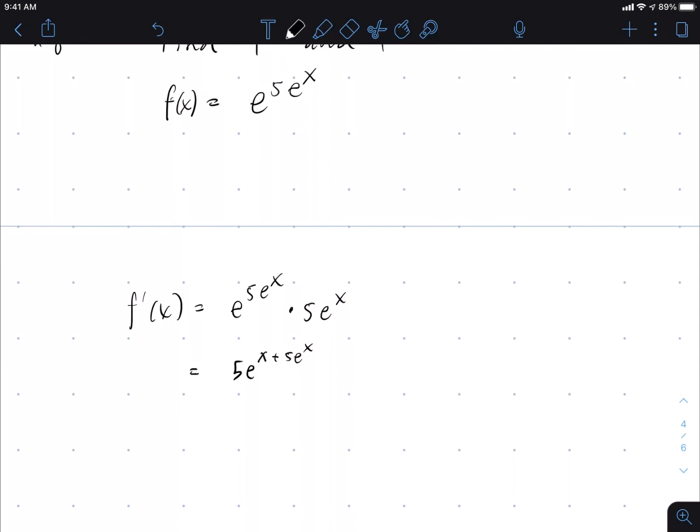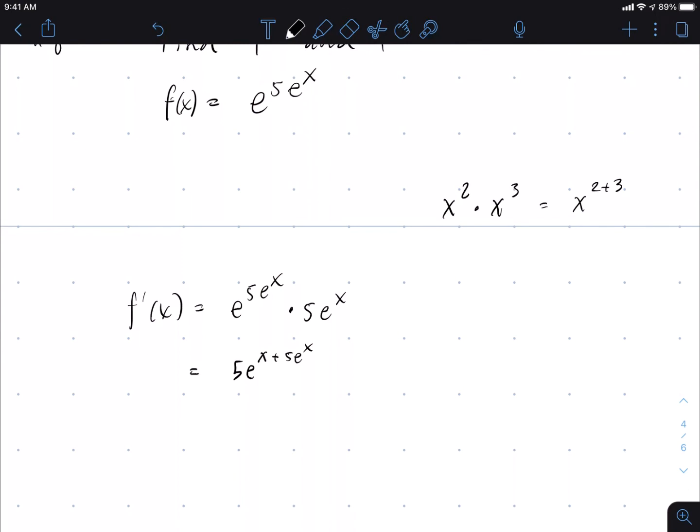Is there anyone that doesn't see what I'm talking about? I don't see it. Can you clarify, please? Yeah. So, do you agree with this, correct? Yeah. Okay. So remember from the rules, if I had something like x to the second times x to the third, what do you do? Doesn't that become x to the 2 plus 3? Yeah, add the exponents. Okay.